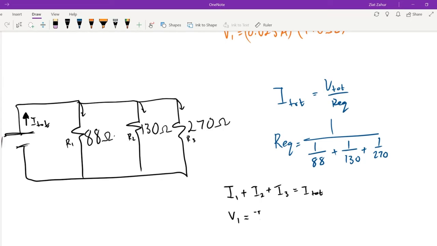And since they're also parallel to the battery, it must be the same as the battery. So V1 equals V2 equals V3 is also equal to V total, which is 12.